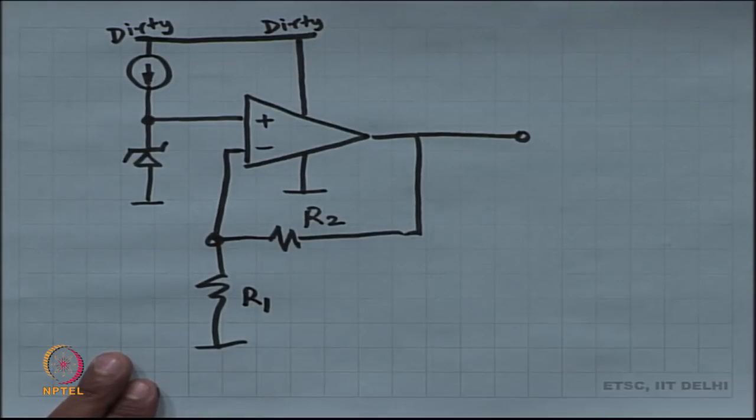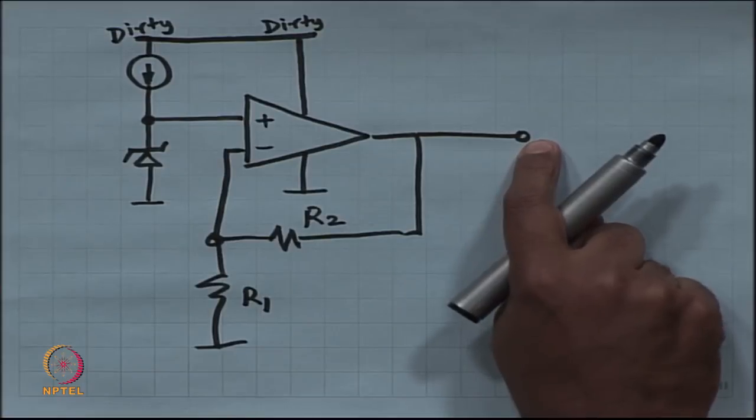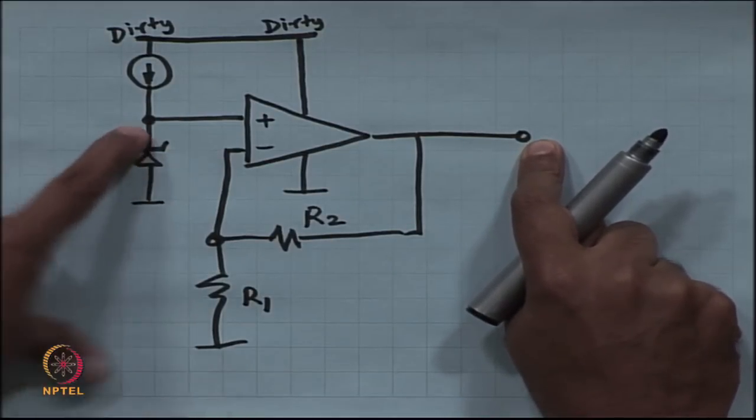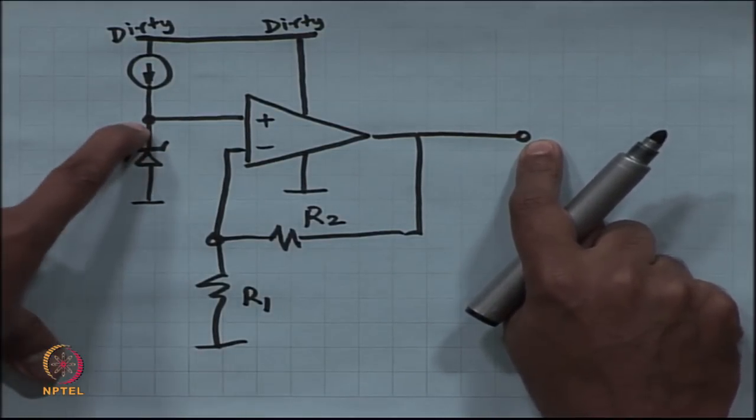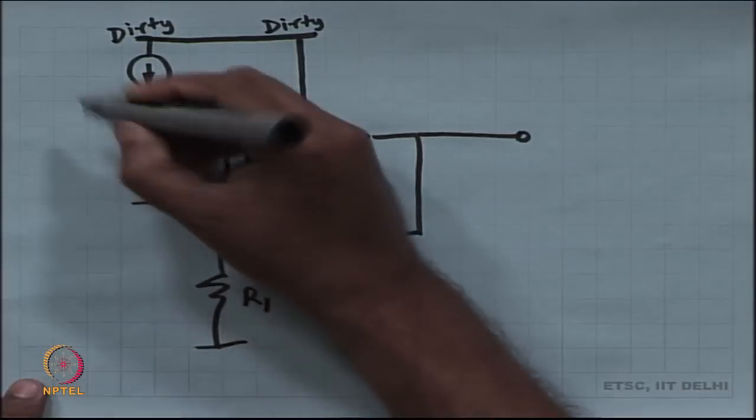What happens? What is this output voltage? This output voltage will be 1 plus R2 by R1 times the original reference voltage.